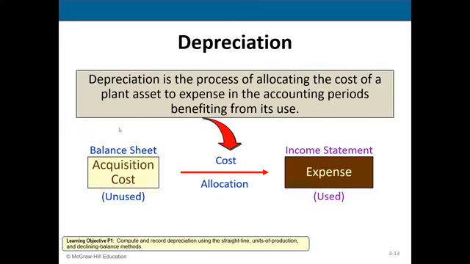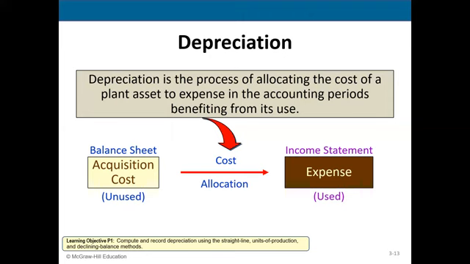So first, as I had mentioned, the concept of depreciation. It's the process that we use to recognize the decrease in the usefulness of the asset over time. Okay, so that's what the interpretation is, to keep things simple.